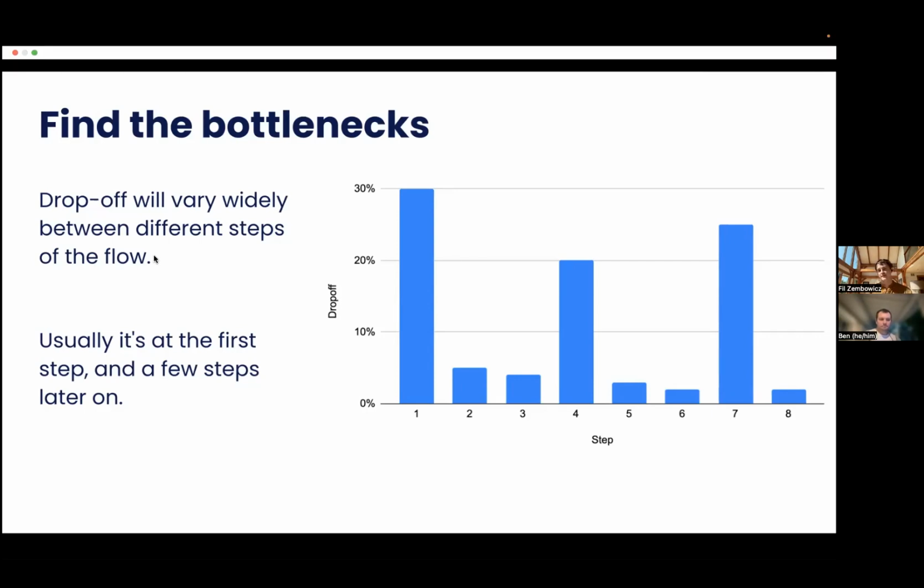But there's a big drop off pretty much always on the first step. And there's usually one or two other steps later in the process that tend to have most of the drop off. And that's actually a really good thing, because if you start to look at your form flow in this way, those are the things you want to look at and start to address.